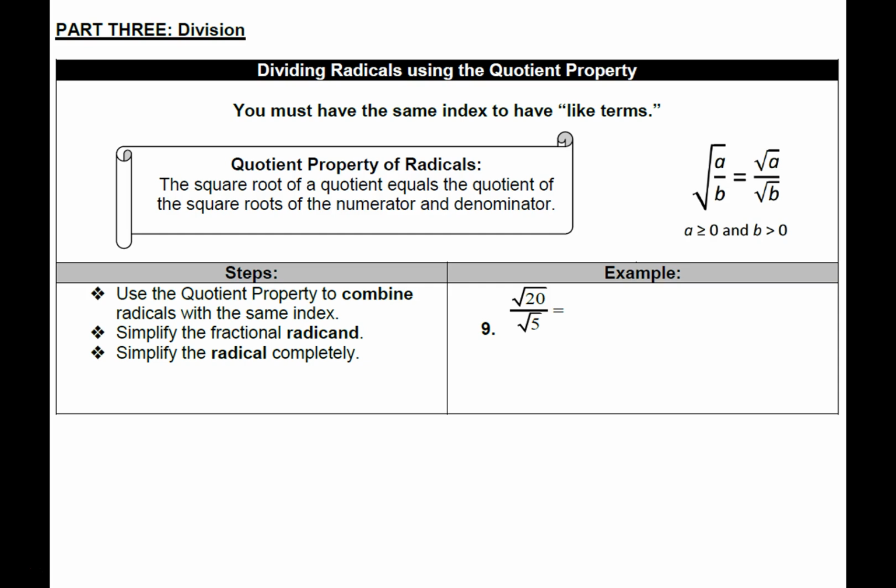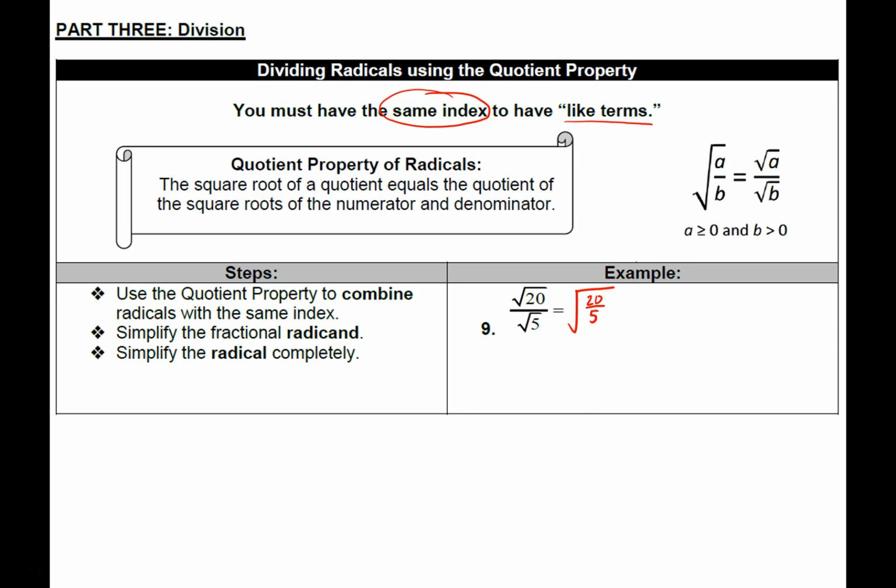So if I gave you a problem like number 9, the square root of 20 divided by the square root of 5, when I see the 20 and the 5 both with square roots, because again, we have to have the same index to get like terms, just like with multiplication, I know that I can combine these to be the square root of 20 divided by 5.